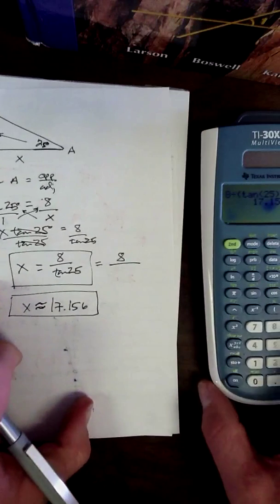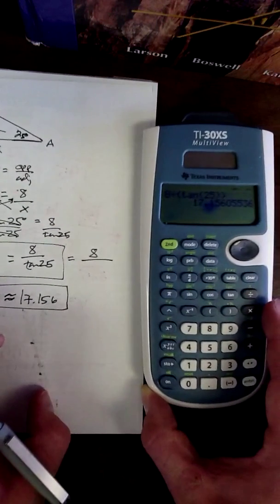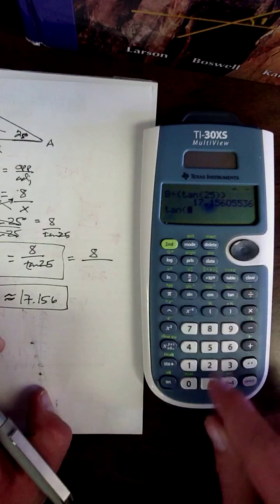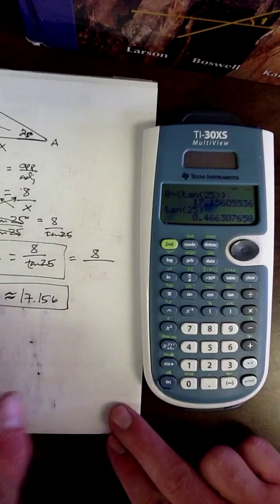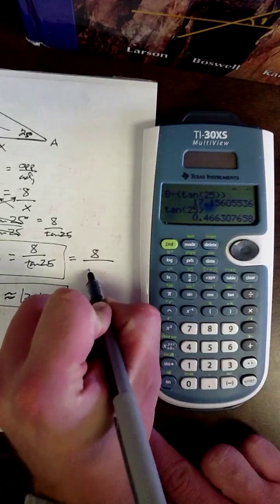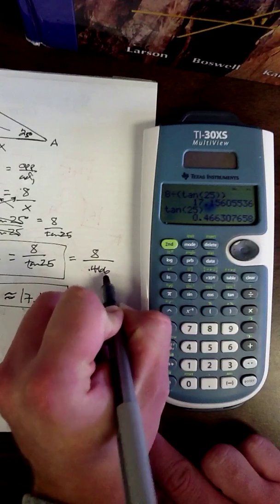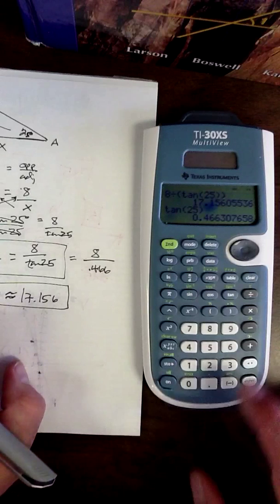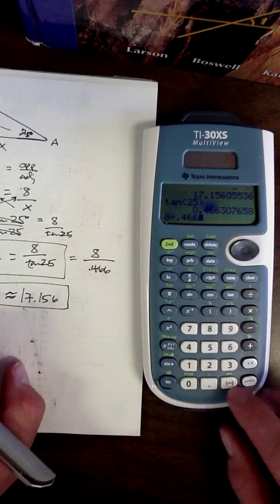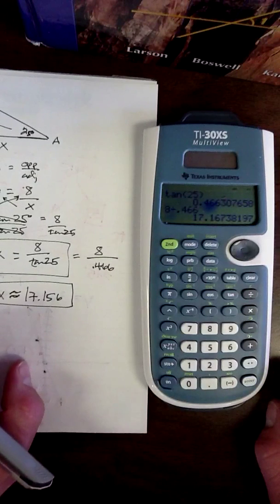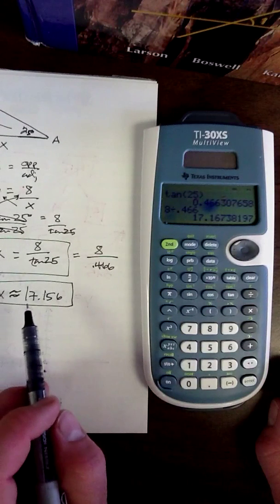Another way you could do this is, you could say 8 divided by, and then say, okay, what is tangent of 25? So looking at this again, I'm just going to figure out, all right, what is the value of the tangent of 25? That value is approximately 0.466. So we could do 8 divided by 0.466, and that should give us approximately our value here again. And notice how it's a little different.